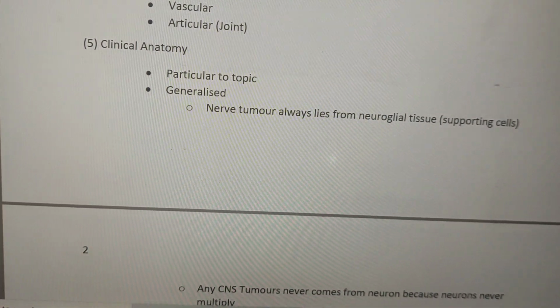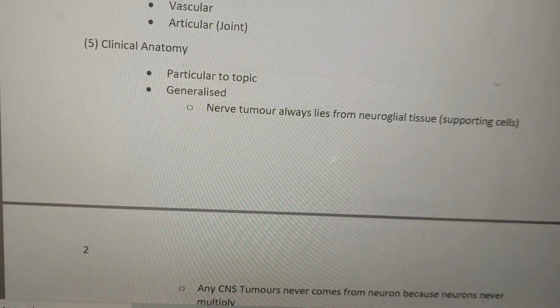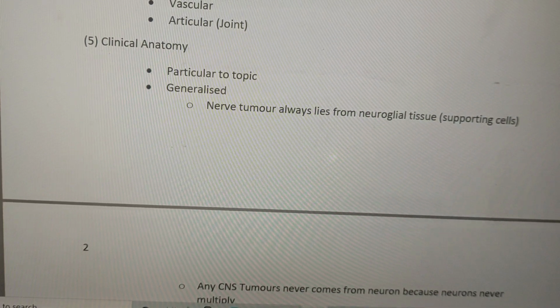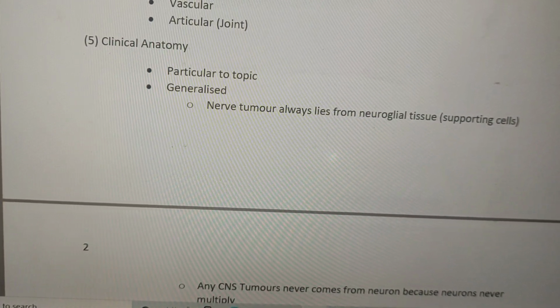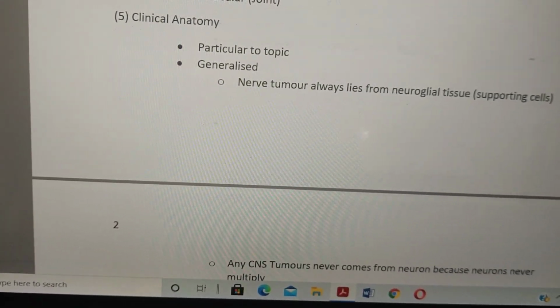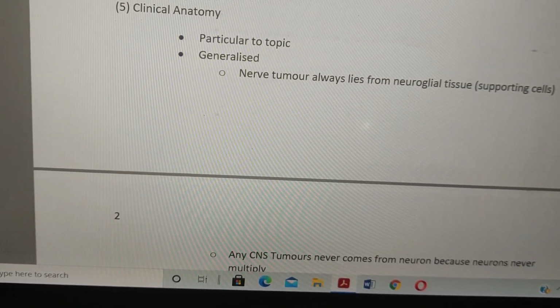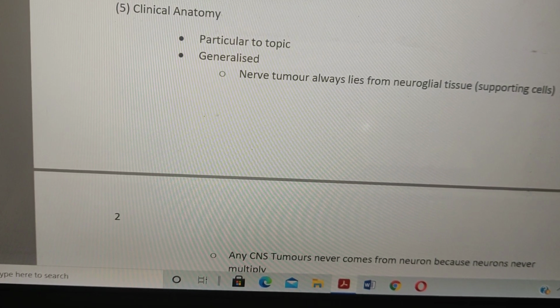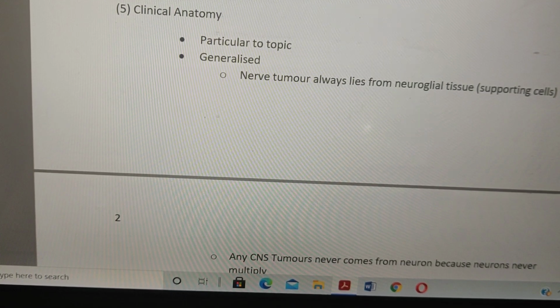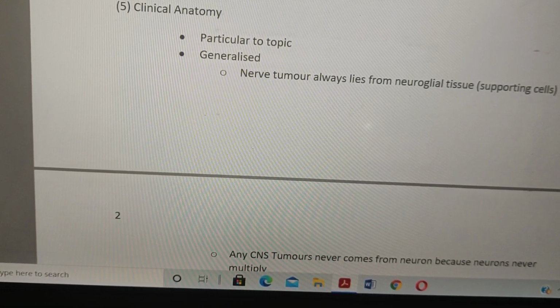Like we will take the femoral nerve. Compression of the femoral nerve may occur due to a femoral hernia, or due to any pelvic tumor or something. So it is a compression of the nerve, or a tumor of the femoral nerve.